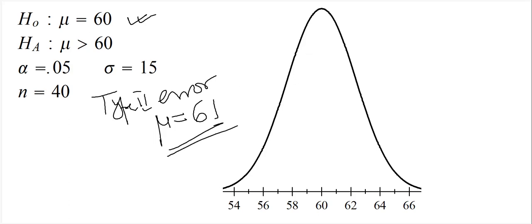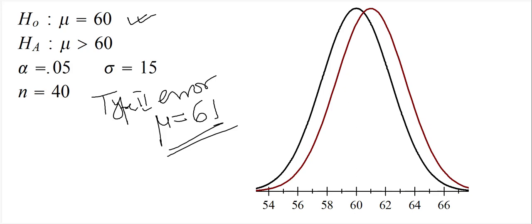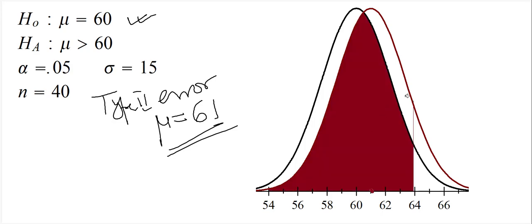That is the probability that we won't be able to reject this null hypothesis. So here the mean equals 61, and we are going to find the probability that our sample mean will turn out to be somewhere on the left of this 63.9.